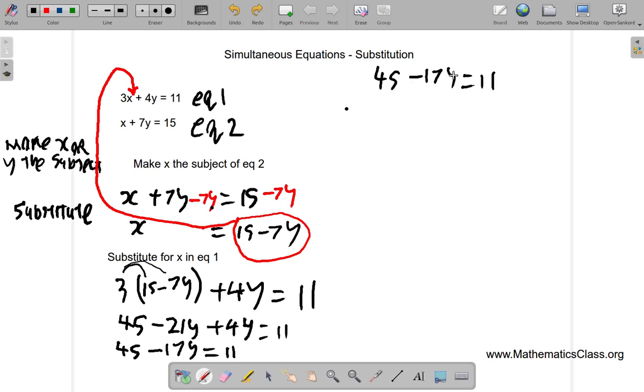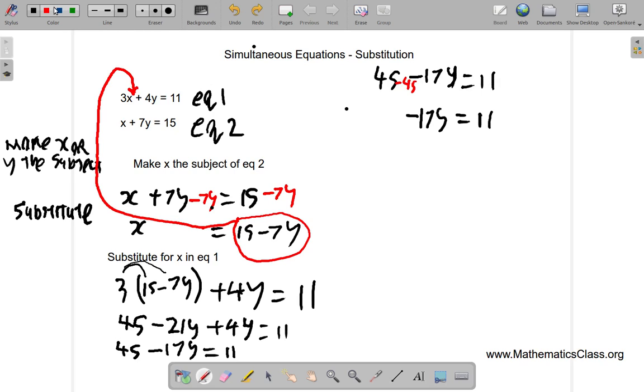You want to have y alone equal. So let's get rid of the 45 and get rid of the 11. How do you get rid of the 45? You minus 45 from the left to get rid of it. 45 minus itself is 0, so you have negative 17y. But if you remove 45 from the left, it would become too light and you would be off balance.